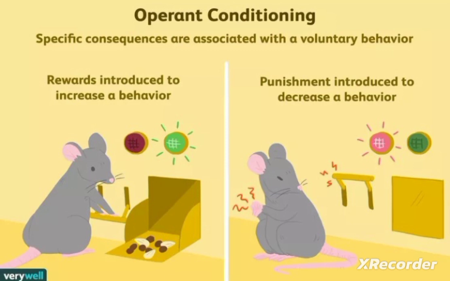It may also be wired so that it turns off shock given to the animal through the grill floor of the box. In brief, reinforcement is contingent upon the operation of the lever. So when the rat presses the lever, the food or water will reach the rat.